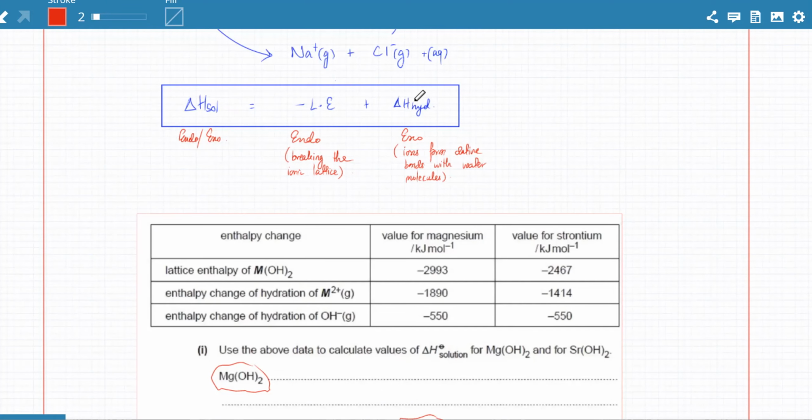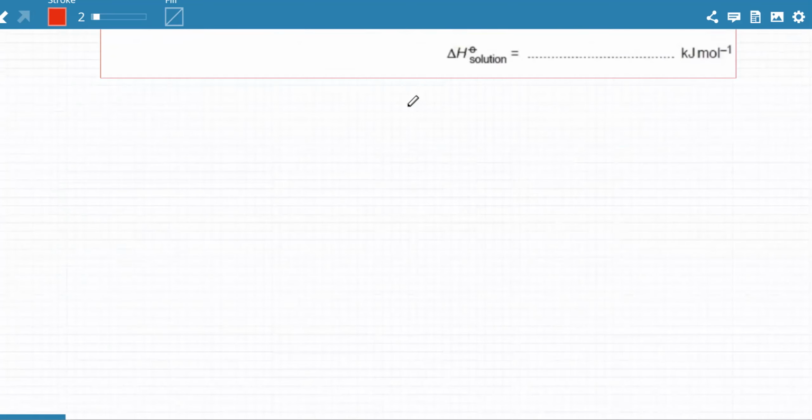For example, Mg(OH)2. If I draw the thermocycle for Mg(OH)2, it's going to look like this. It's going to be Mg(OH)2 solid, and that would be dissolving.